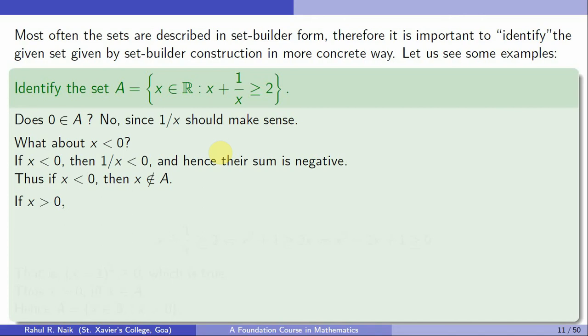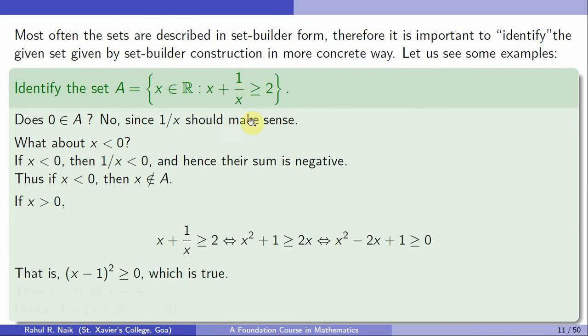But what positive real numbers will actually belong to this set A? So we will start with the property x plus 1 by x is greater than or equal to 2 if and only if x square plus 1 is greater than or equal to 2x, if and only if x square minus 2x plus 1 is greater than or equal to 0, that is, x minus 1 the whole square is greater than or equal to 0, and this is always true.